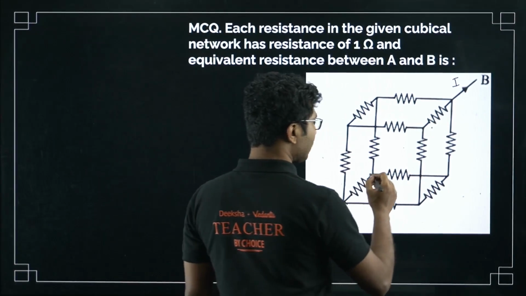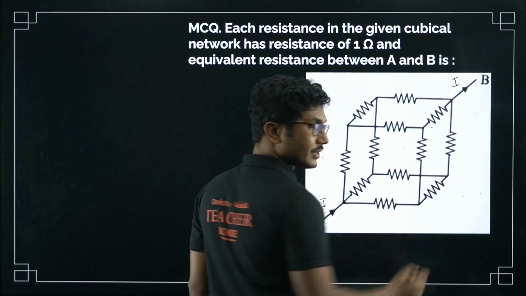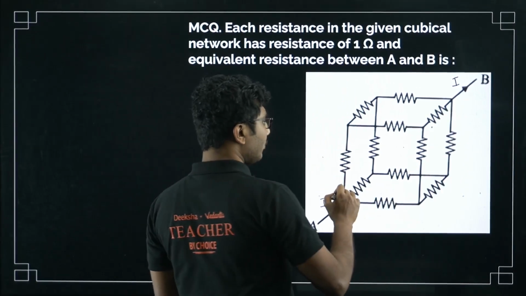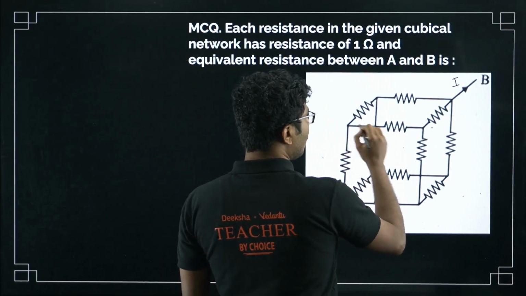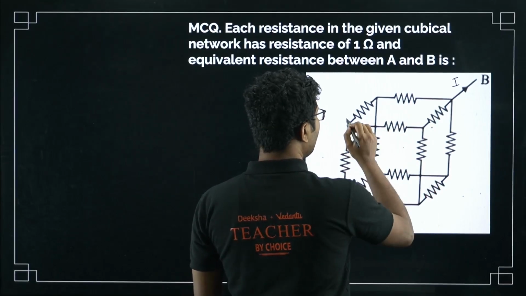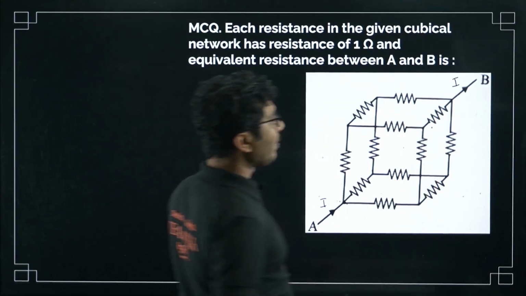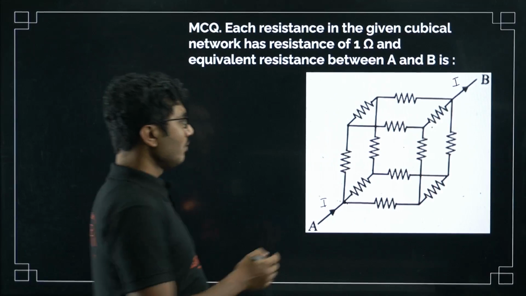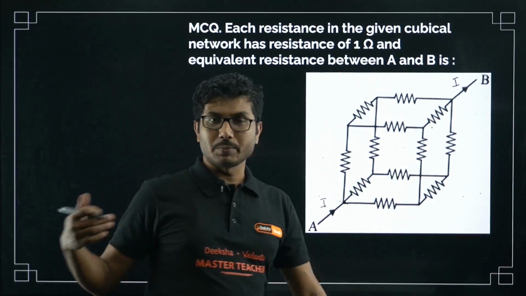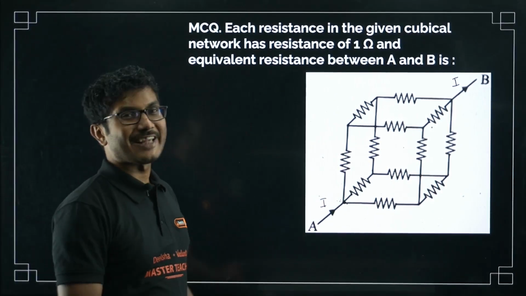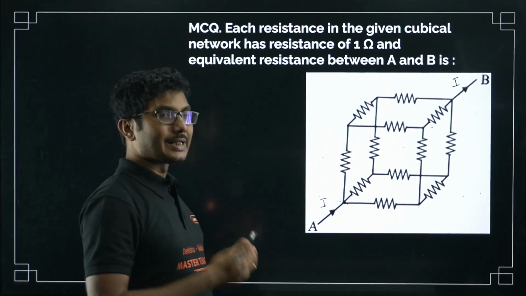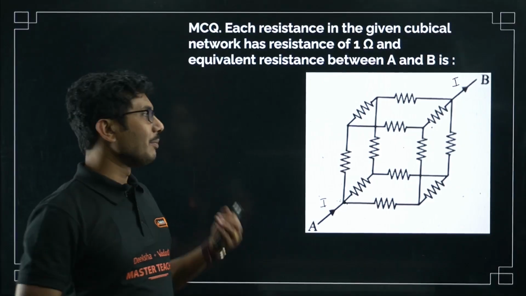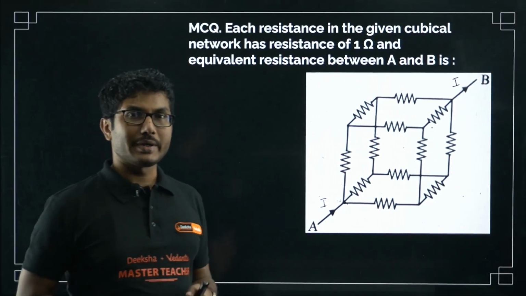Similarly, in this path also 1, 2, 3 resistors, all are equal. Again through this also 1, 2, 3. No matter how you go from here to here, the minimum possible path is always the same.